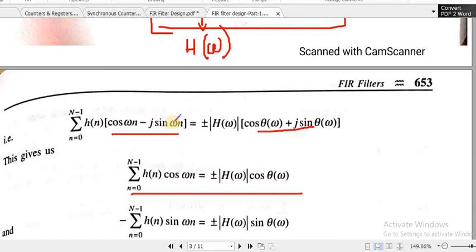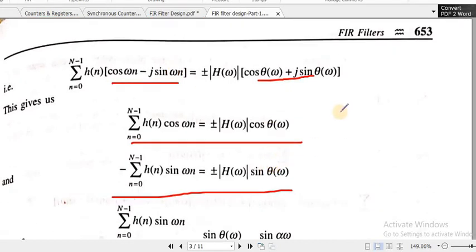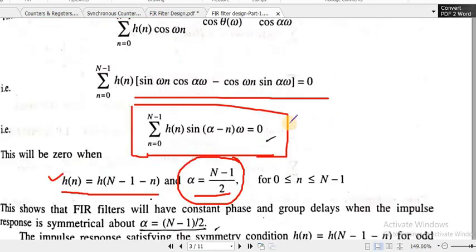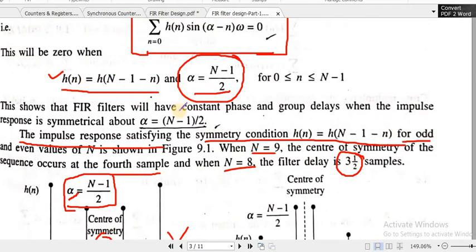So this is one kind of filter where the length is even or odd and the impulse response is symmetric about the axis. Now there is another kind of FIR linear phase filter where the impulse response is asymmetric about a point, and again the length of the filter can be even or odd. So there are 4 kinds of filters. This is called type 1, where I assume that the length of the filter is even or odd.